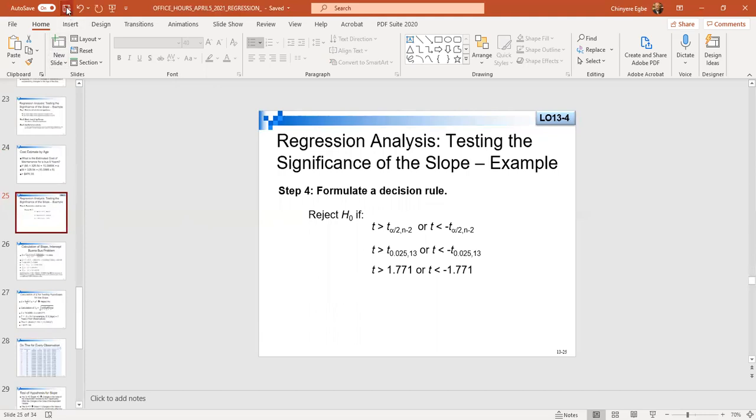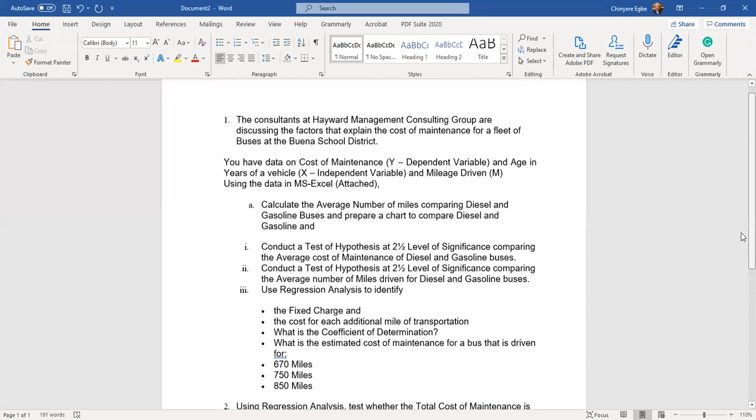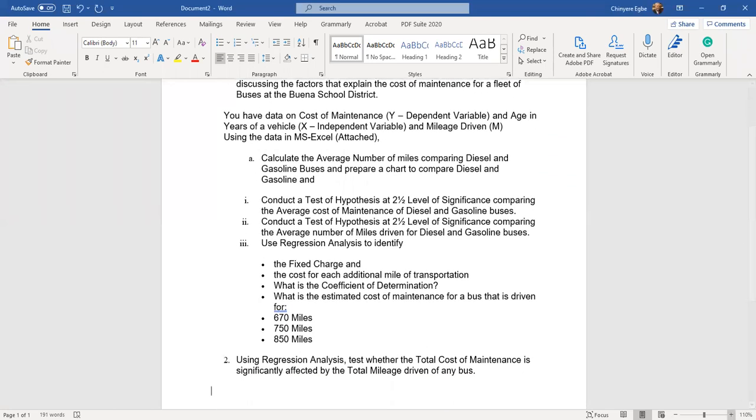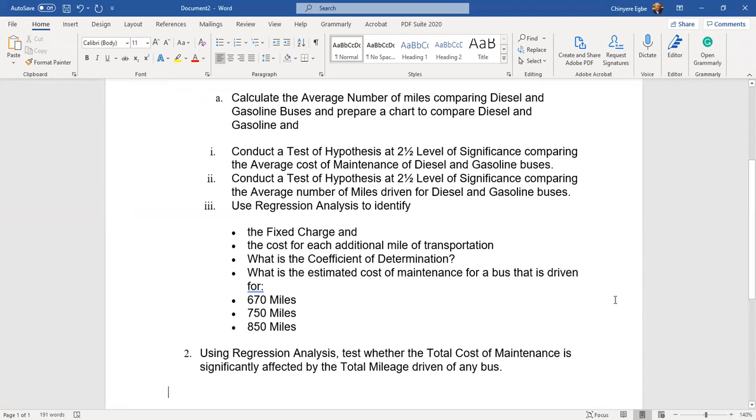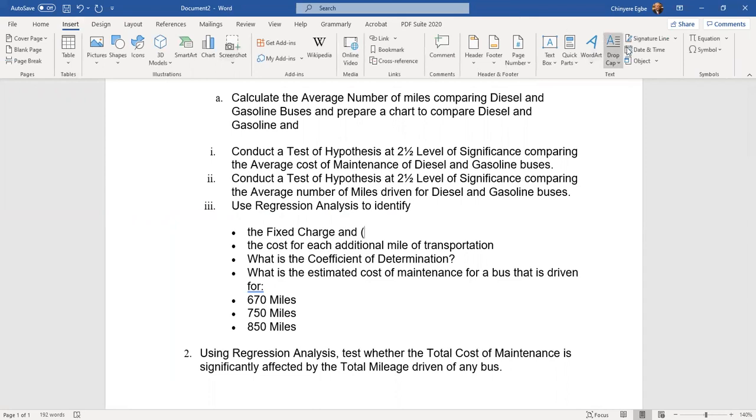Okay, I'm going to stop share. Are you seeing it? Yes. Okay. So when you do your own estimate and you calculate A hat, then A hat will be the fixed charge. Let me insert that there.